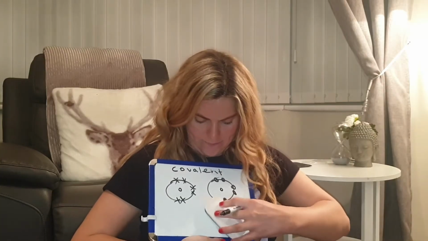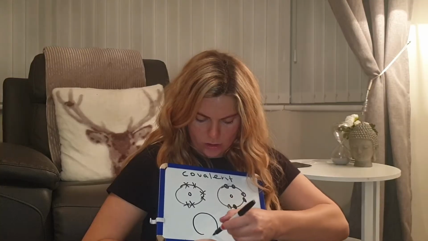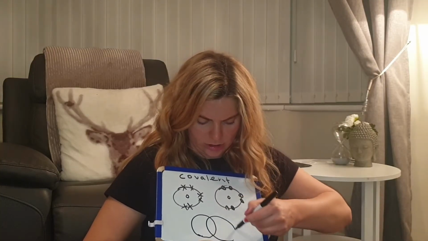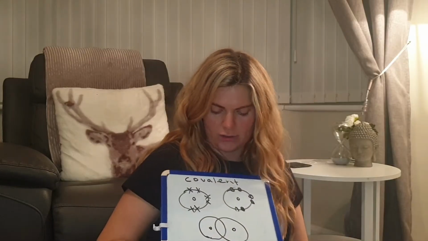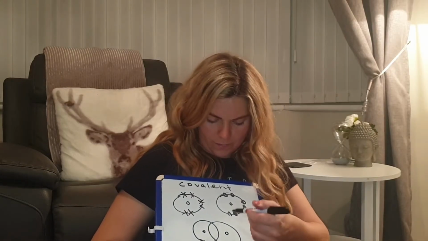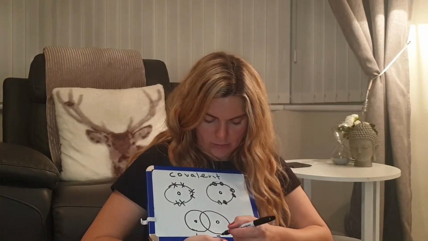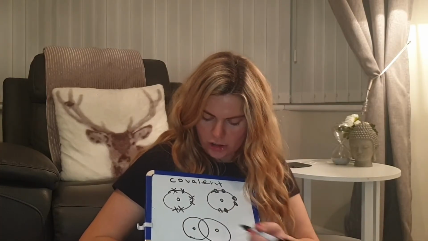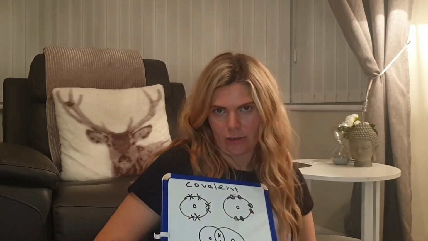I'll draw it again. If you had to draw the bond between 2 oxygens, they're the O's in the middle. So oxygen 1, oxygen 2. Oxygen 1 puts 2 of its electrons in the kitty in the middle.